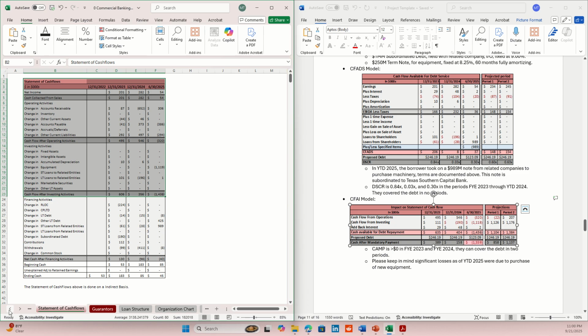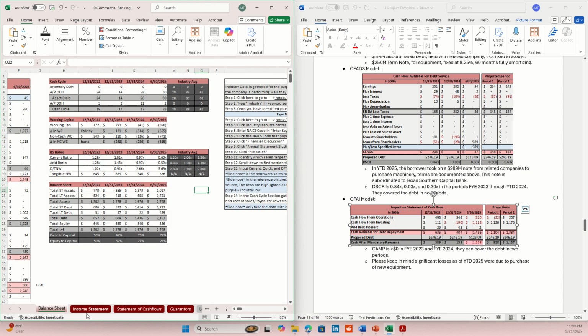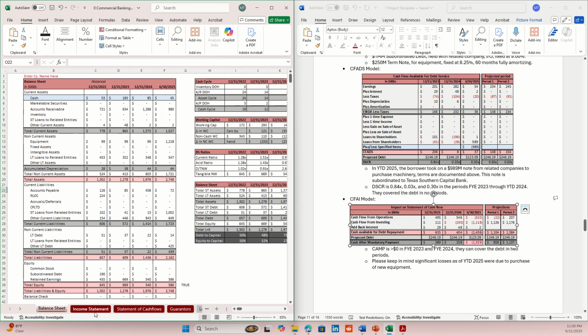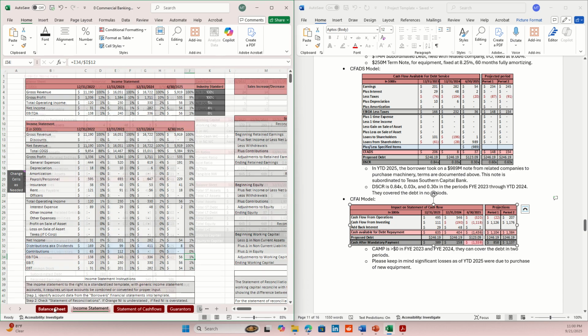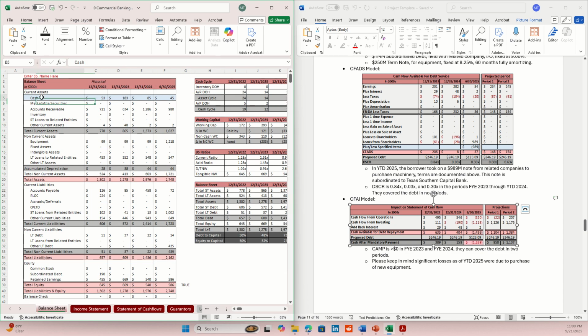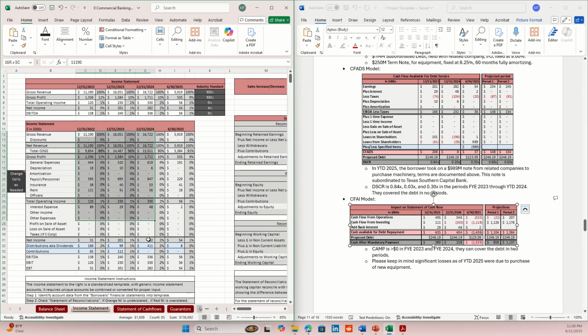There's the big three financial statements: a balance sheet, income statement, and a statement of cash flows. Remember, the statement of cash flows reconciles all the transactions that occur on the income statement and the balance sheet, through the cash. Your cash is reconciled via all the activities that happen on the balance sheet and all the activities that happen on the income statement.